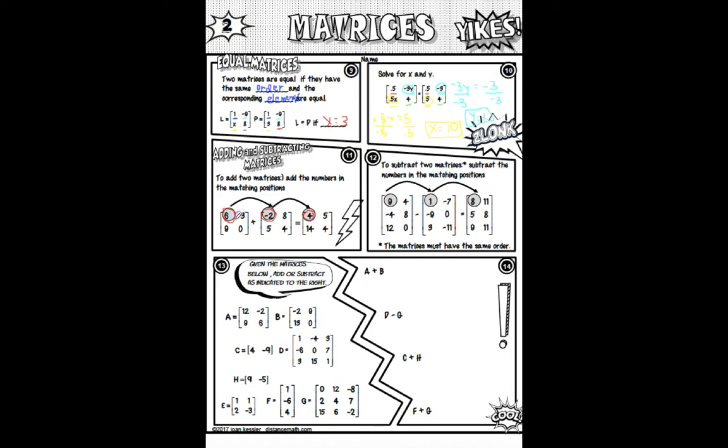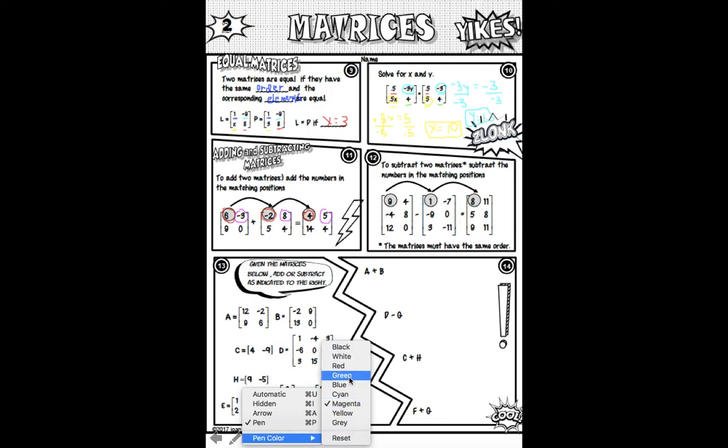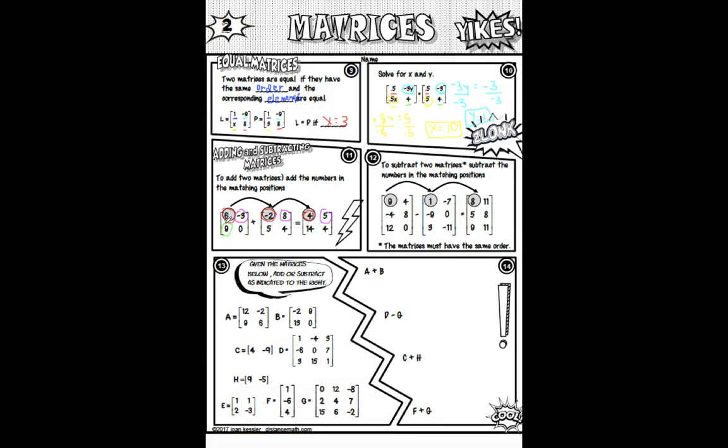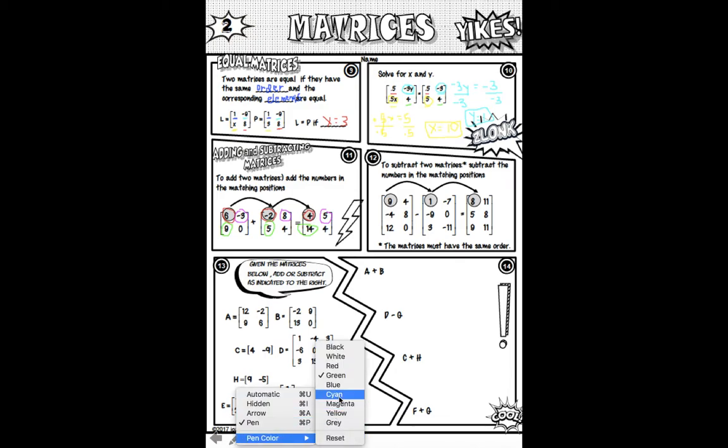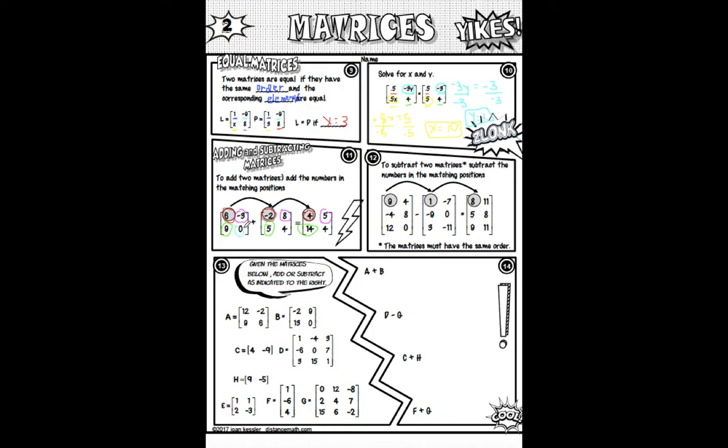So -3 and 8 are in the same position. So -3 plus 8 is going to be 5. 9 and 5. So 9 plus 5 is going to be 14. And then last but not least, you have 0 and 4 that correspond. So 0 plus 4 is 4.